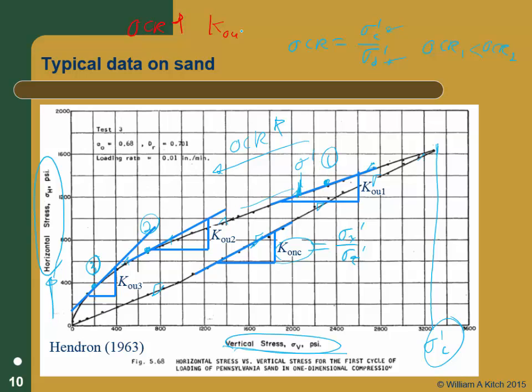What happens to the at-rest earth pressure in unloading as OCR goes up? It's going to increase also, right? So that goes up also. These are lab test data on sands, reconstituted in the lab.